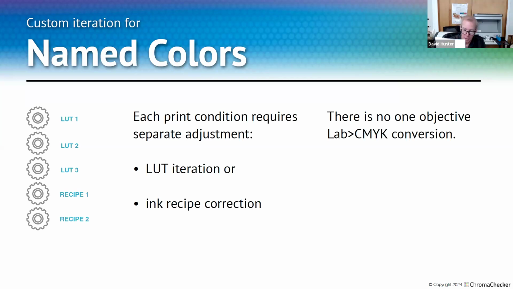I'll get into this too, but ChromaChecker has a tool that shows you, for that given color, what is an 8 or what is a 5, so that you can actually get a visual on the screen as well as an accurate printout of what a 5 delta E looks like for your specific colors. This hasn't been done before in the industry, so it really helps you set the expectations of what you're going to get and what it's going to look like.